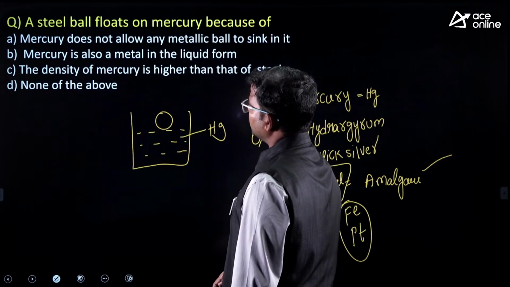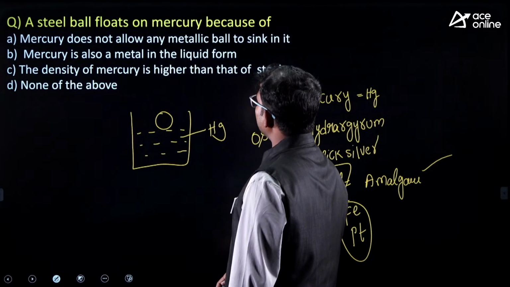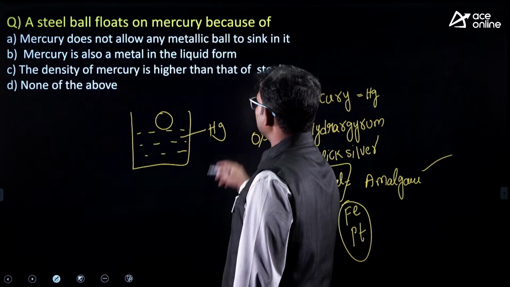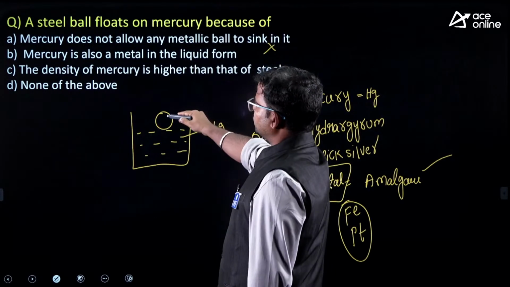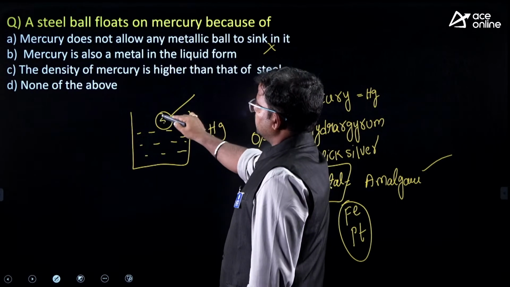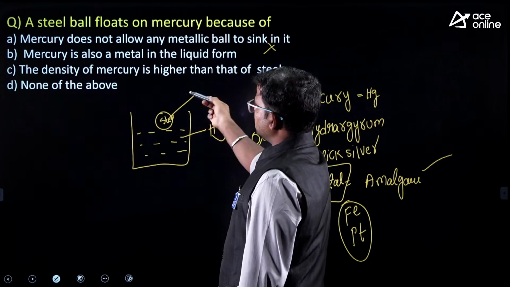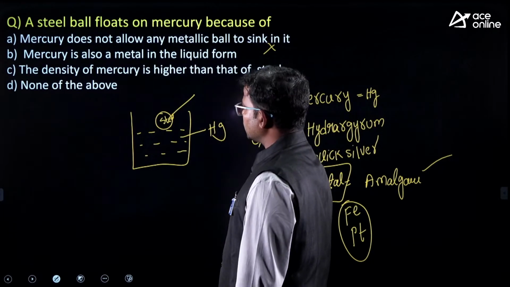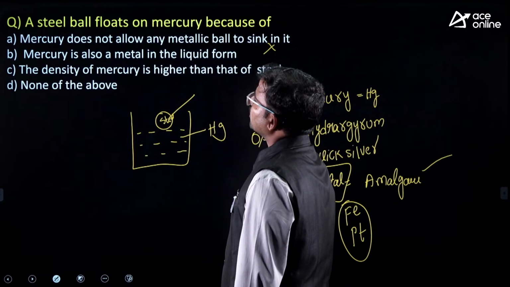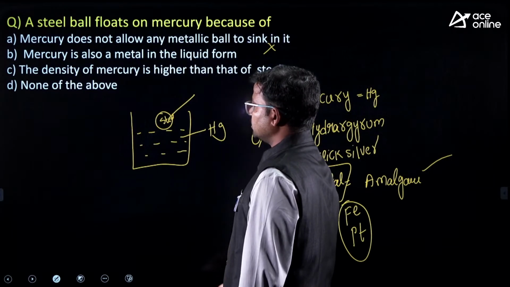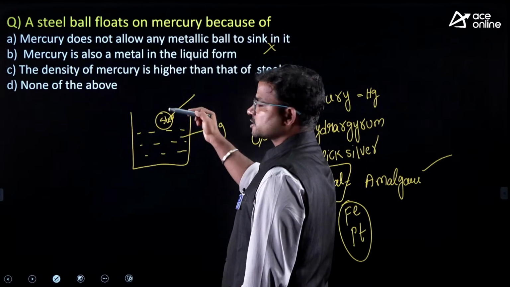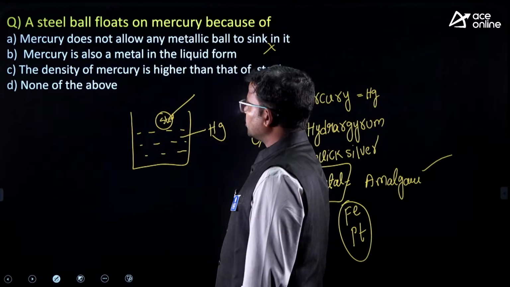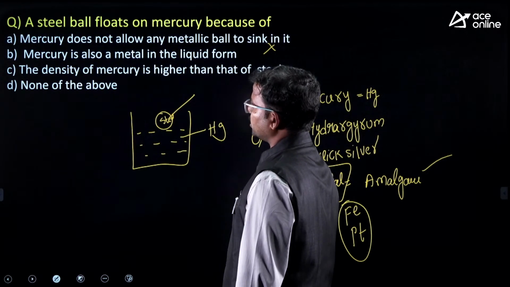The statement 'the mercury does not allow any metallic ball to sink in it' is wrong. If the density of the steel is high, it mostly submerges, or sinks, into the mercury. If it is less than the density of mercury, it completely floats on the mercury. So that's why option A is wrong.